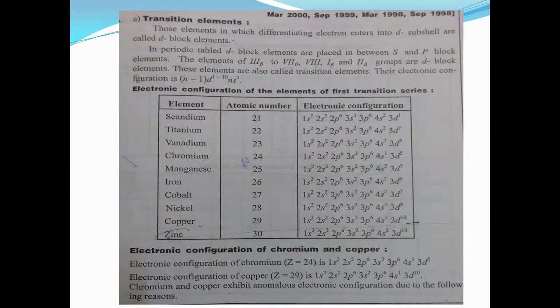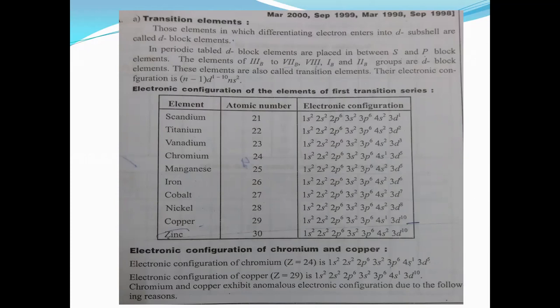In the periodic table, D block elements are placed in between S and P block elements. The elements of 3B to 7B, 8th, 1B and 2B groups are D block elements.